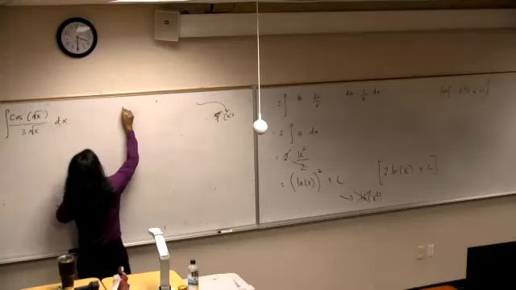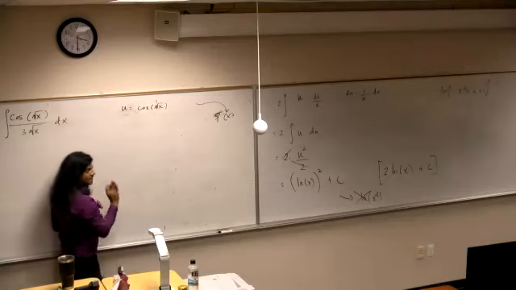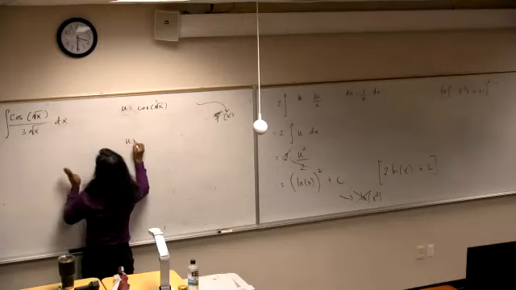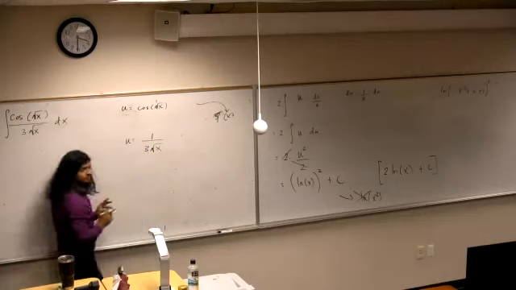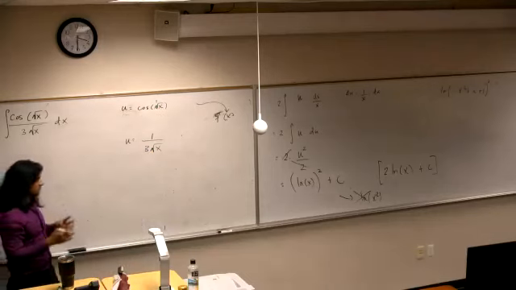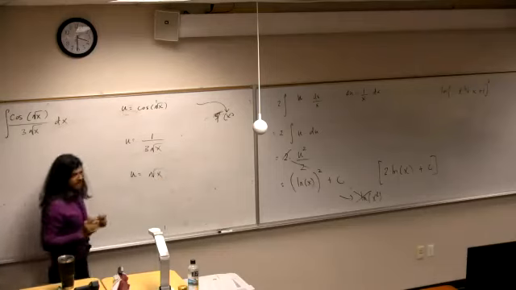You can either pick u to be cosine root x entirely, correct? Or you could pick u to be 1 over 3 root x. Or you could pick simply root x. Those are my options.